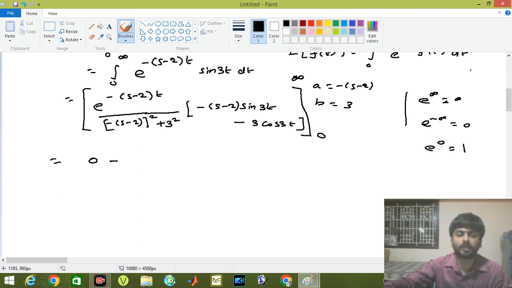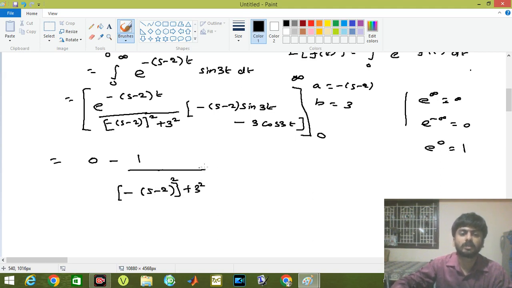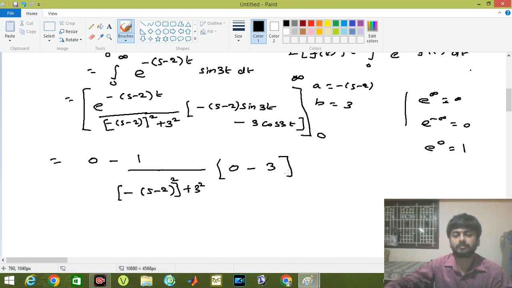So e power 0 equal to 1, so it will become 1 divided by minus of s minus 2 the whole square plus 3 square, okay, into sin 0 is 0 minus cos 0 is 1, so minus 3 into 1, so we will have minus 3.